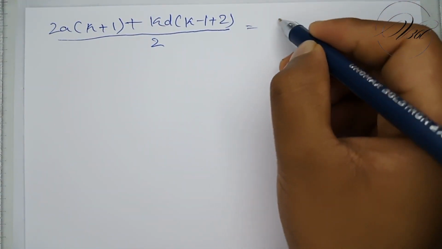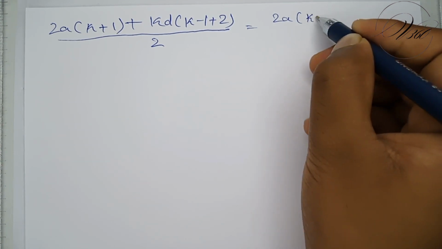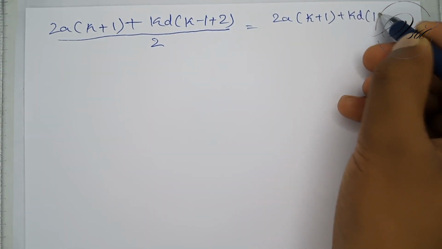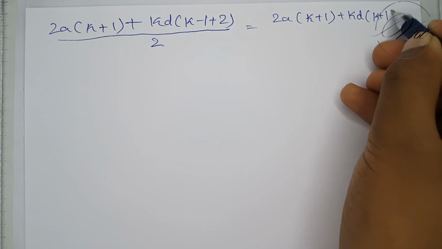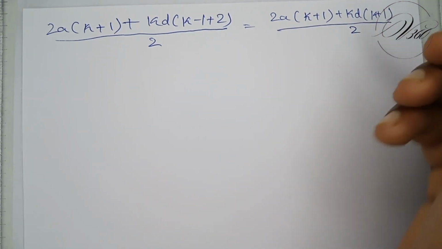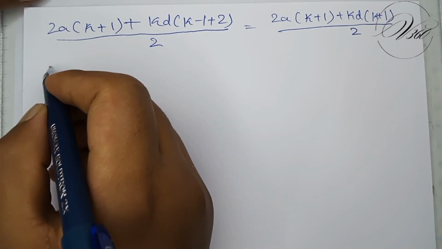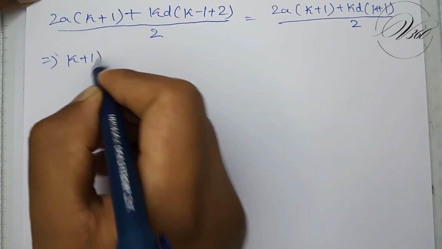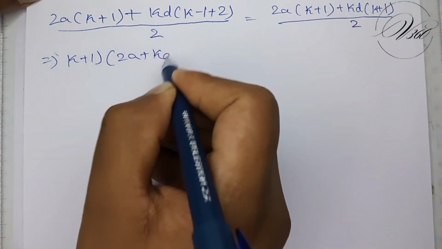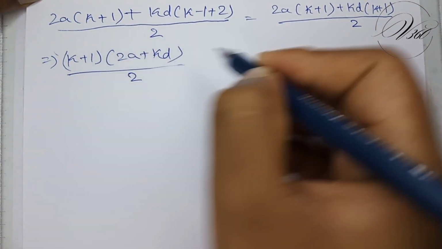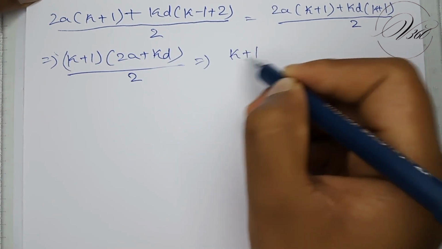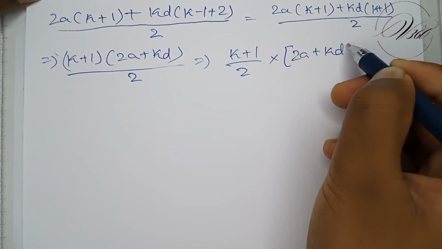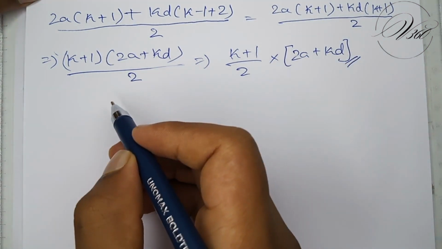Okay, that is equals to (2a of (k plus 1) plus kd of (k plus 1)) by 2. Okay, now here the next step we'll get is (k plus 1) of (2a plus kd) by 2, which is equals to (k plus 1) by 2 into (2a plus kd). Okay, this is the answer.